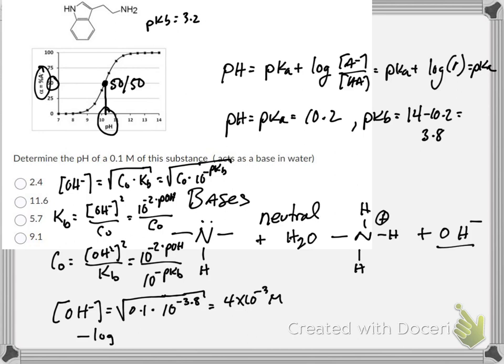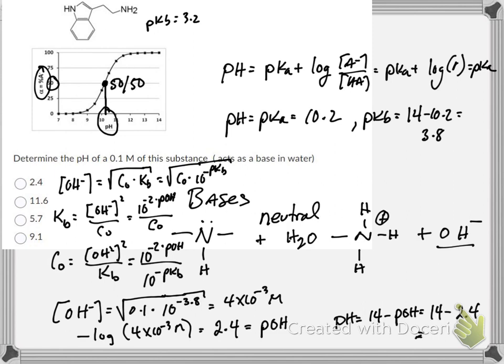So minus log of 4 times 10 to the minus 3 molar is 2.4. That equals pOH. So pH is equal to 14 minus pOH, 14 minus 2.4, 11.6, which is basic, which is what we would expect. The answer is B.